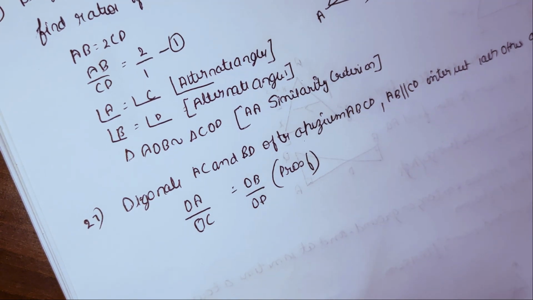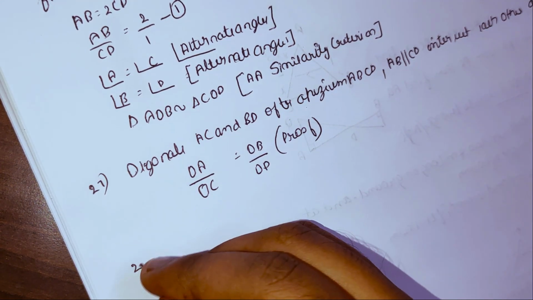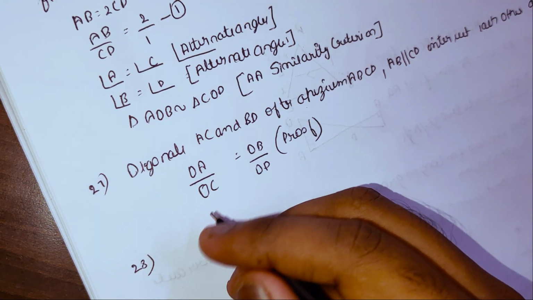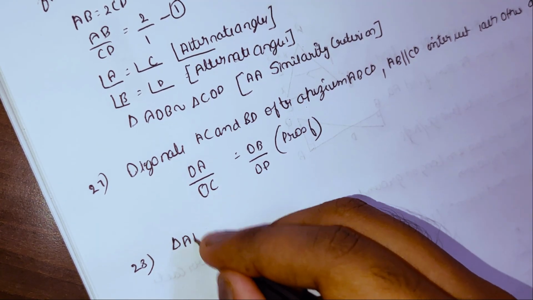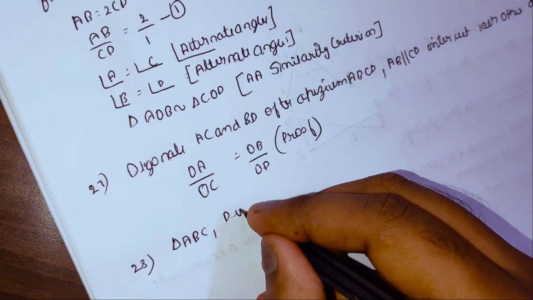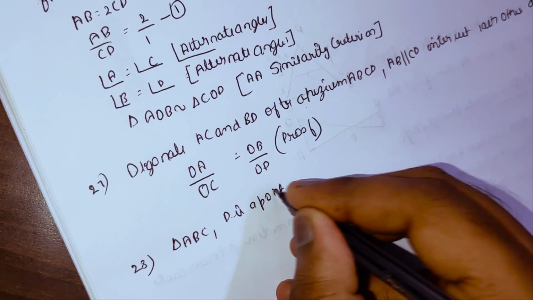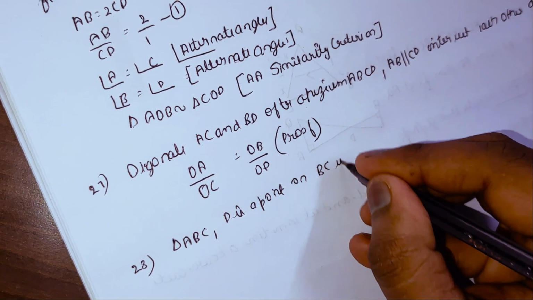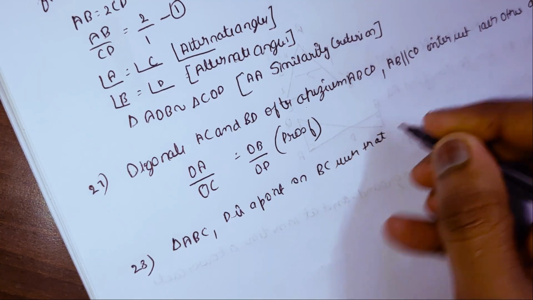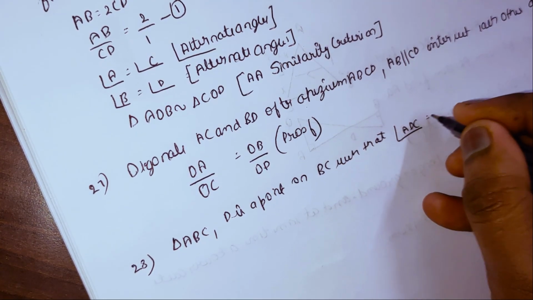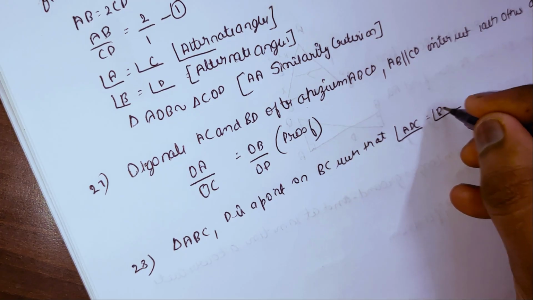28th question. In triangle ABC, D is a point on BC such that angle ADC is equal to angle BAC.